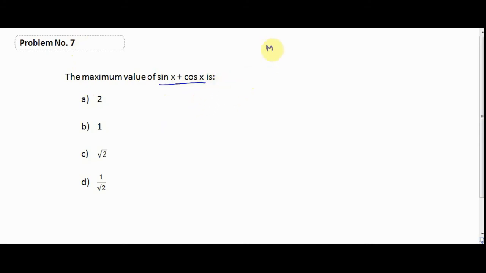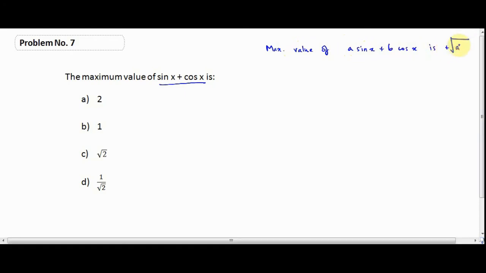The maximum value of a sin x plus b cos x is plus root over a square plus b square, and the minimum value of a sin x plus b cos x is minus root over a square plus b square.